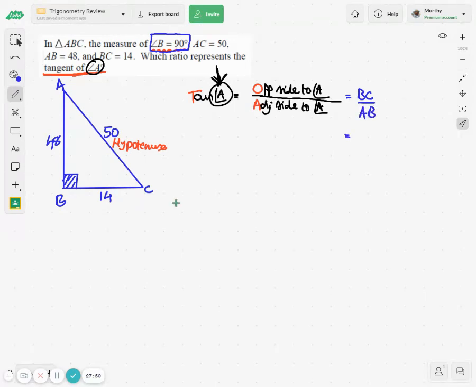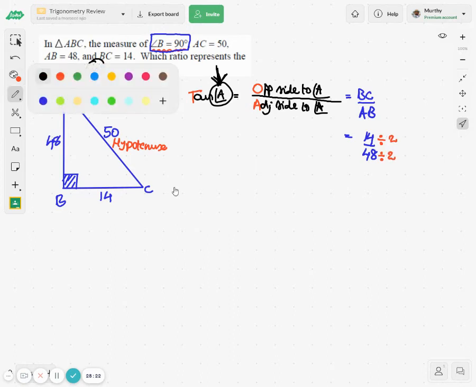Now let me plug in the values. BC equals 14 and AB is 48. But an important thing is this is not the end of the story, because both these numbers are divisible. Can I divide by 2? Yes. If you know the largest number you can divide with, use that, or else if you are not sure, then you may start dividing with the small numbers.